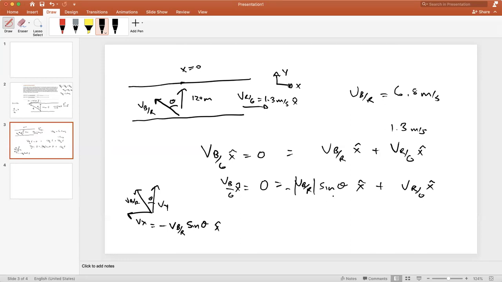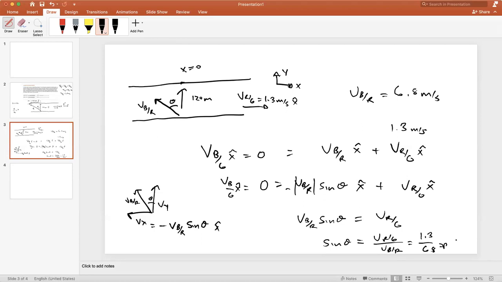Now knowing that, I can set these things equal to 0 and move this one over, and I get v b over r sine theta is equal to v r over g. Solving for sine of theta, I get v river over g over v b over r, which is 1.3 over 6.8.